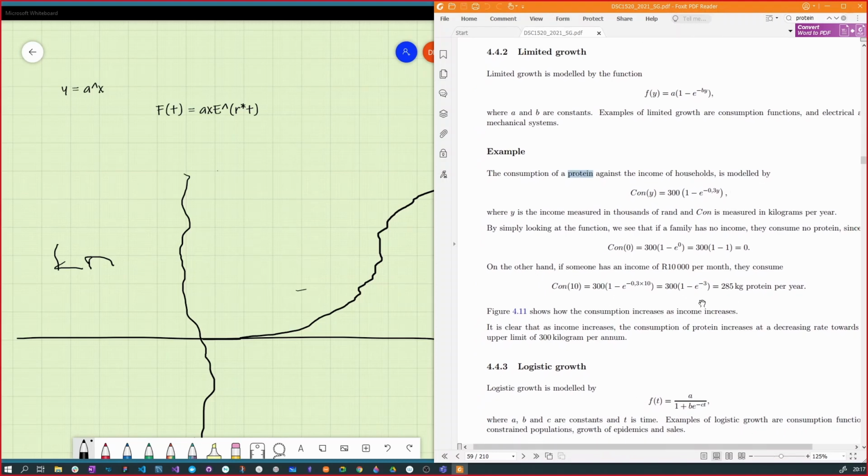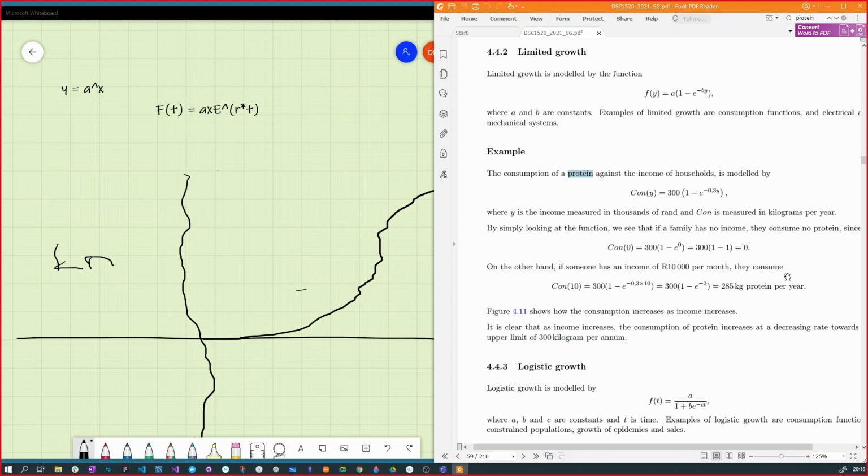So what they're saying here really is that if you're trying to model the consumption of protein for households based on the amount of disposable income that they have, what you tend to find is that there isn't a direct proportionate rate of consumption across all households, right?